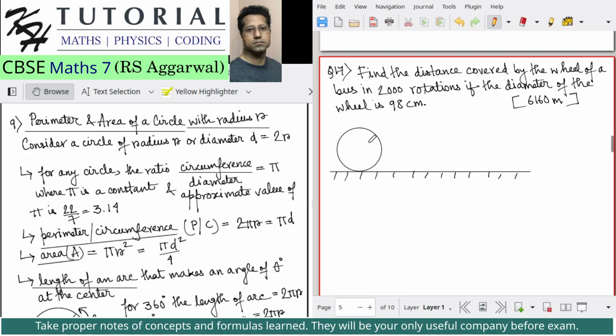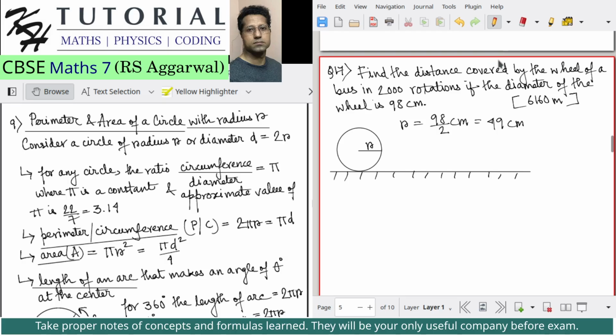This wheel has a radius, let's say small r, and the diameter of the wheel is 98 centimeter, so the radius will be 98 by 2 centimeter, which is equal to 49 centimeter. So the radius of the wheel of the bus is 49 centimeter.